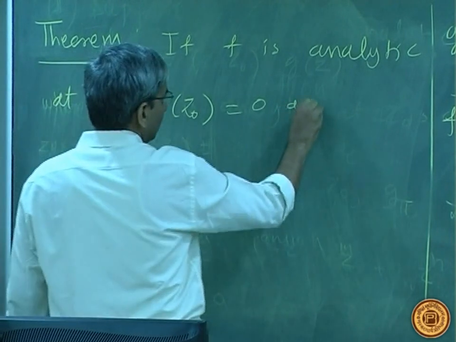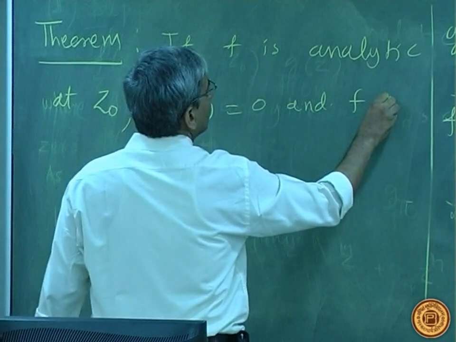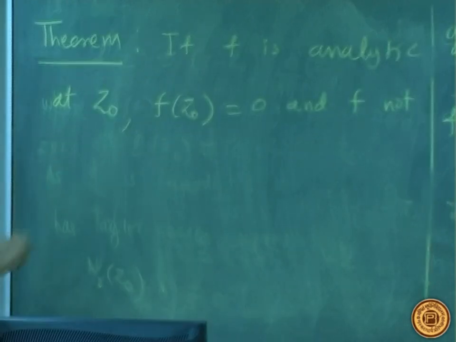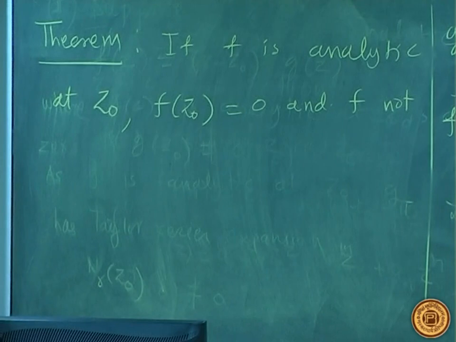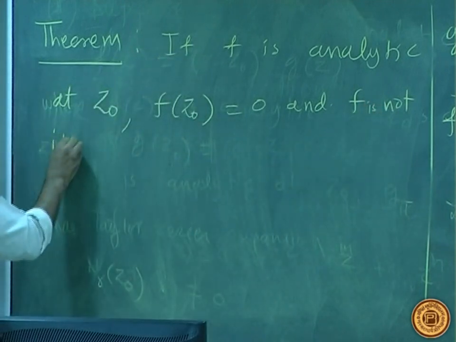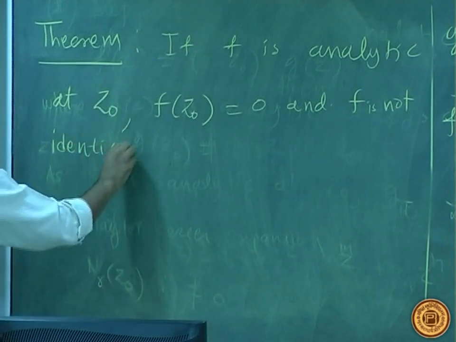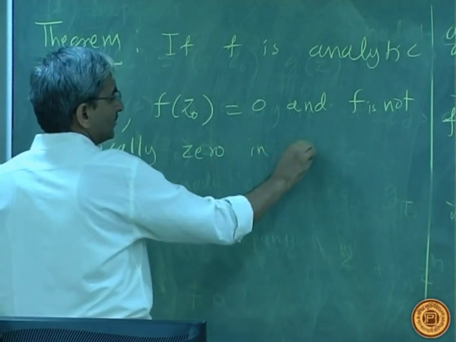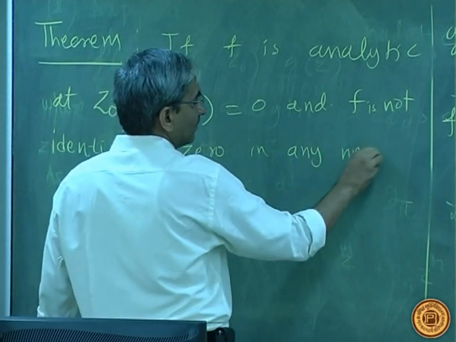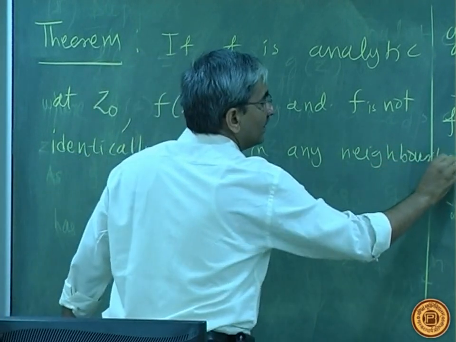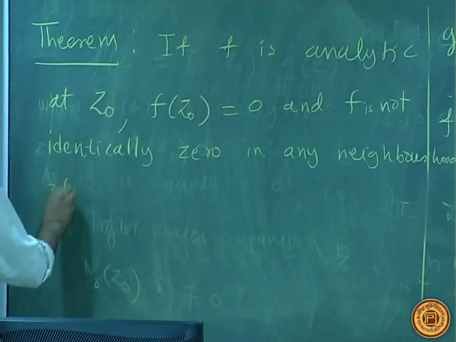That is, f is analytic at z0, f(z0) is 0, and f is not identically 0 in any neighborhood of z0.